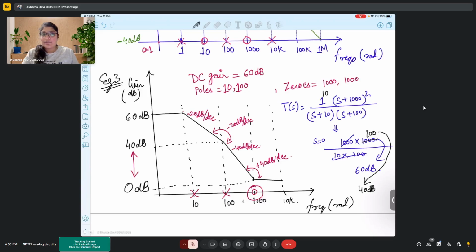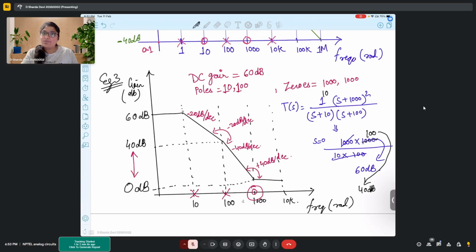From minus 20 dB per decade to minus 40 dB per decade, only one pole at 100. Yes, only one pole at 100, because we know that one pole introduces a slope change of 20 dB per decade only.